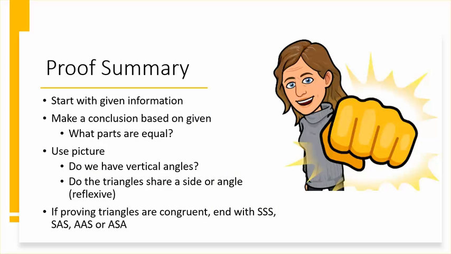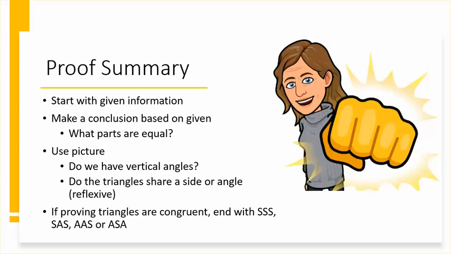Just from our two examples, you might be noticing some patterns. So again, when you're writing proofs, start with your given information. Make a conclusion based on that given. What parts is it telling us are equal? Then use the picture. Common things that we'll use are vertical angles or sides or angles that completely overlap.